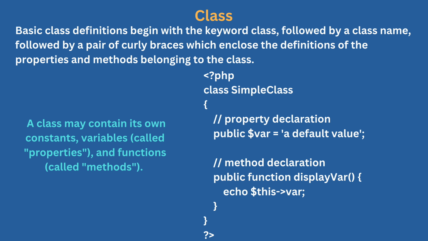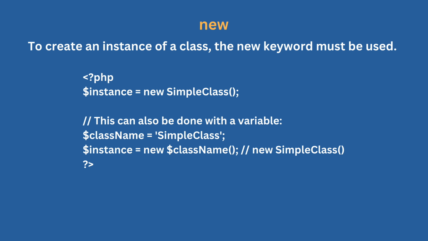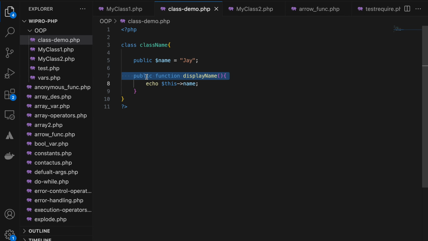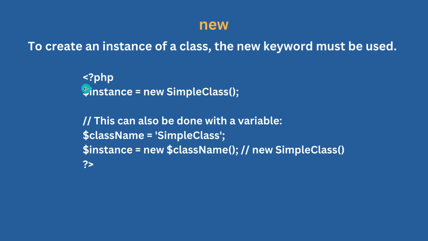Now I have a class, but definitely if I have a class I have to use it somewhere. So what do I have to create? An object. Using the new keyword: instance is equal to new and then the class name.